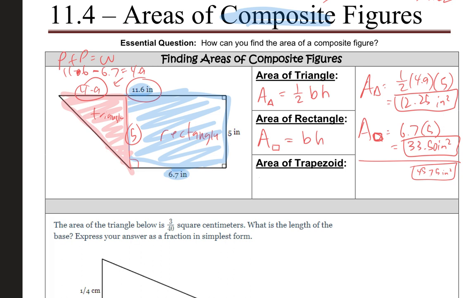Now, on the area of a trapezoid, we don't have a symbol for a trapezoid, but we can do that. That's going to be the base 1 plus the base 2 divided by 2, right?